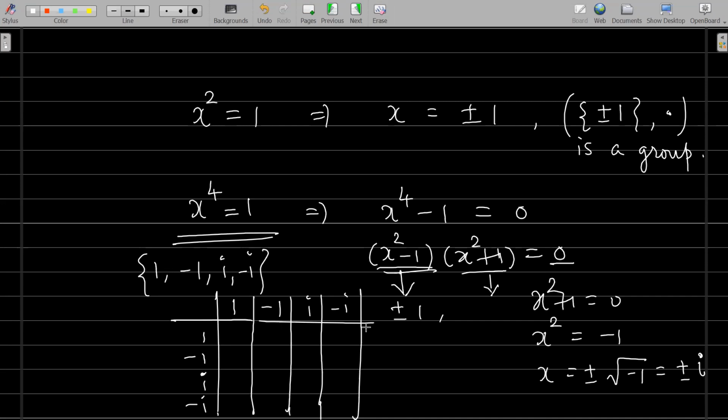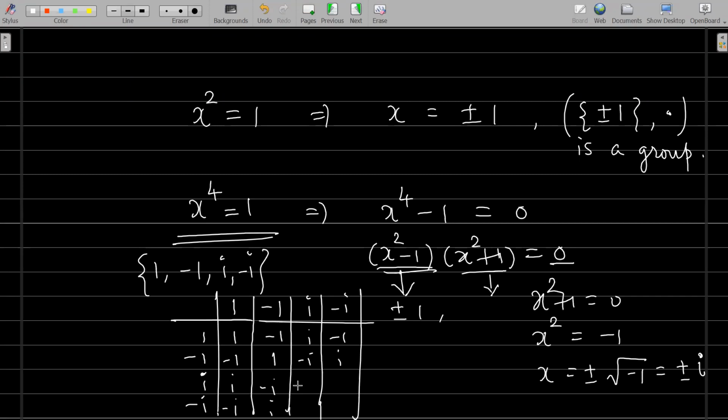Yes, sir, done. So obviously, 1 is going to be the identity, so I can fill up this. And once I know the operation is commutative, you can fill up the row and the same will be the column. So you can even simultaneously fill the column or row. So 1, minus 1, i, minus i.